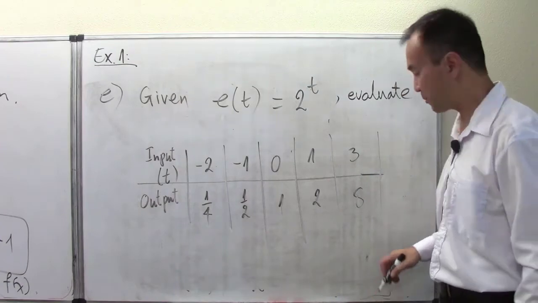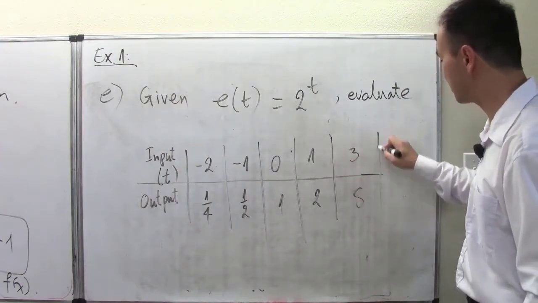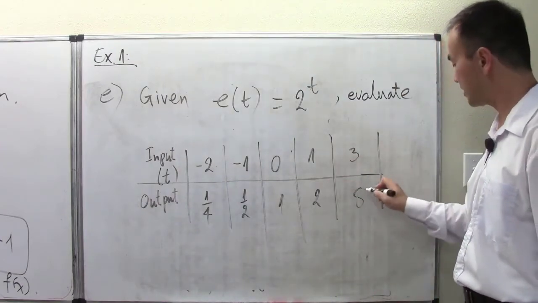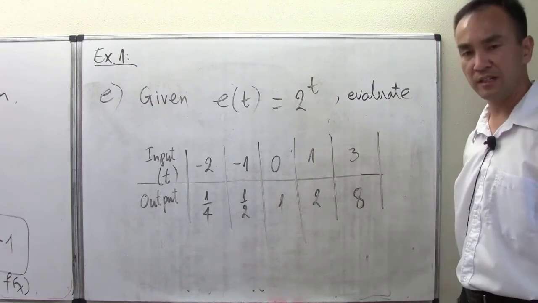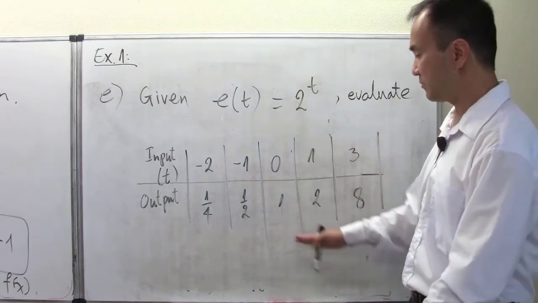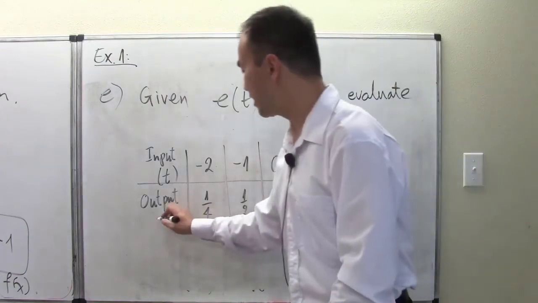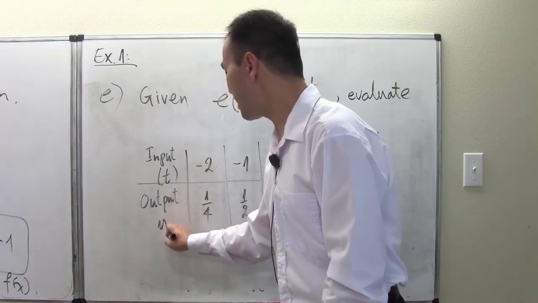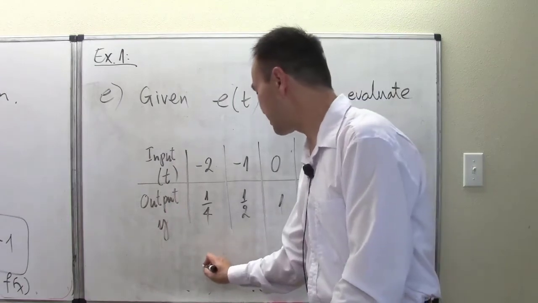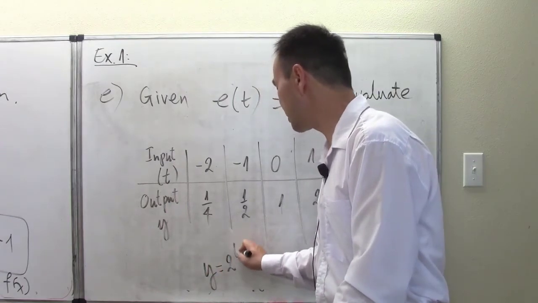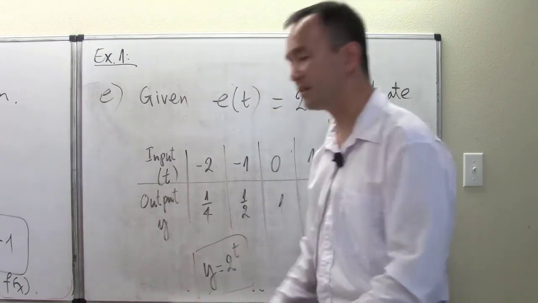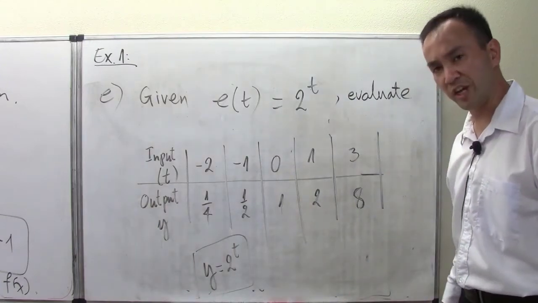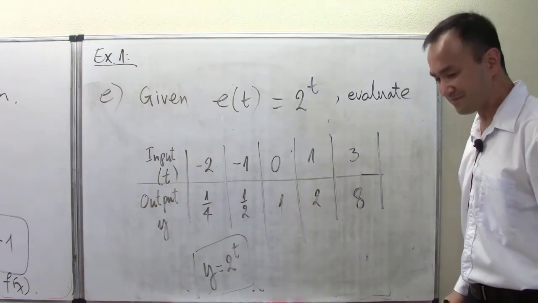Those are the corresponding outputs, and you can always check back by rewinding this video lesson. With these output values, we can regard them as a variable y. So this is y equals 2 to the t, that's the equation notation.